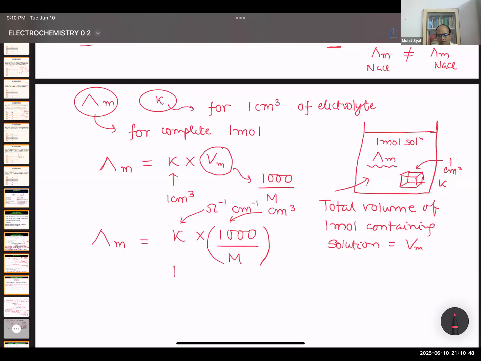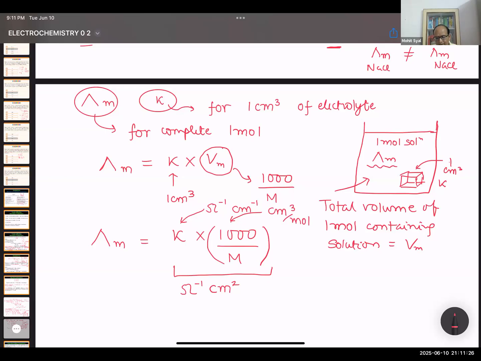So the unit of this whole molar conductance is... this is the volume per mole. Got it? This 1000 by molarity is the volume per mole.